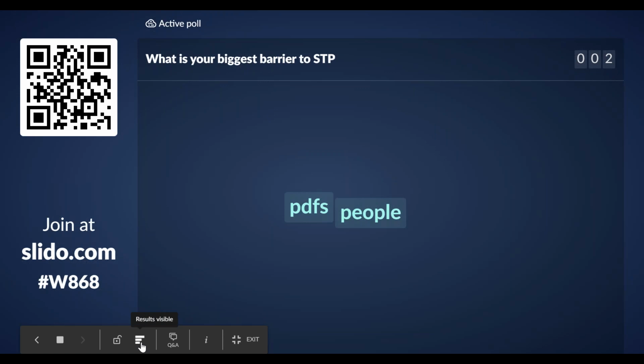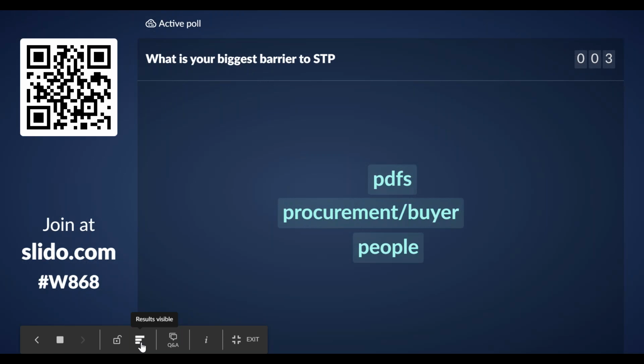PDFs. That's a good, interesting one. I like that. Oh, procurement. So definitely people struggling with things upstream.